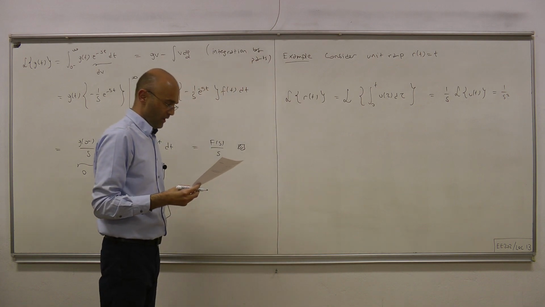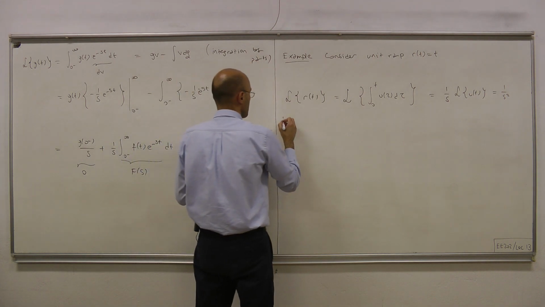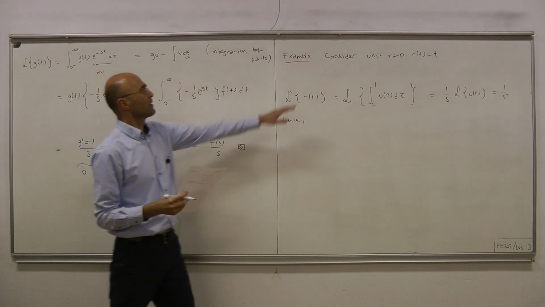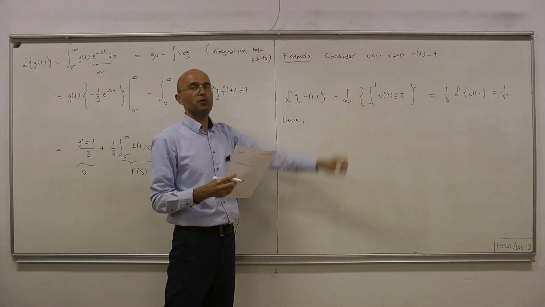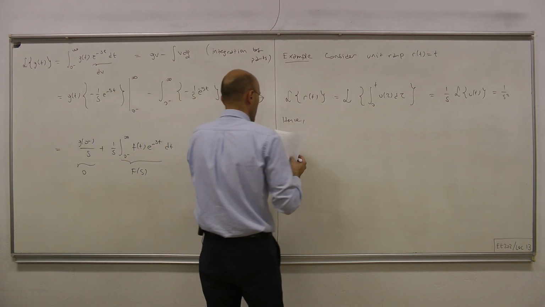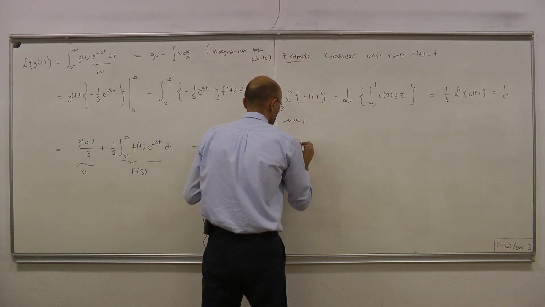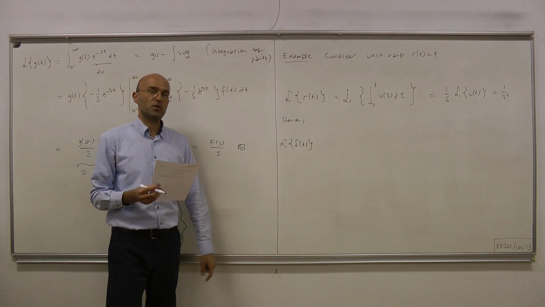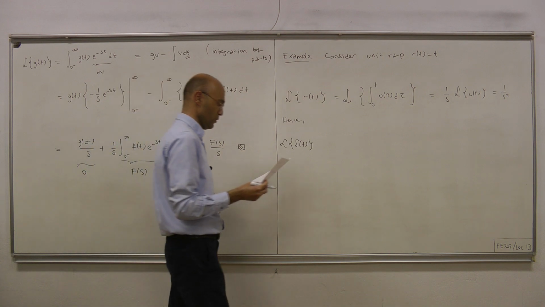Therefore, the Laplace transform of the unit ramp is 1 over s squared. In fact, we have the following chain. We already obtained that the Laplace transform of the impulse function is 1.